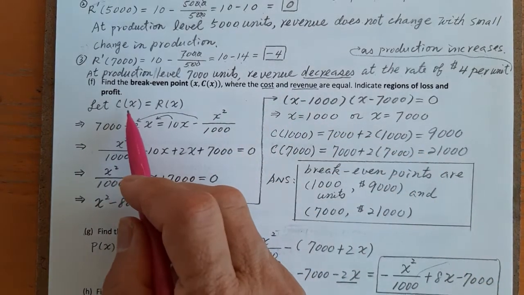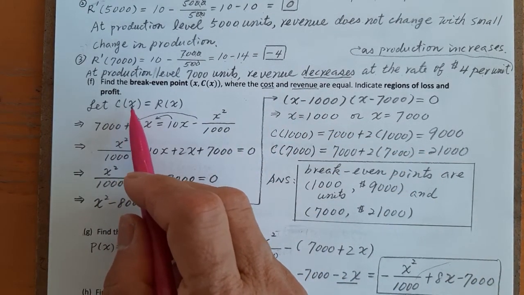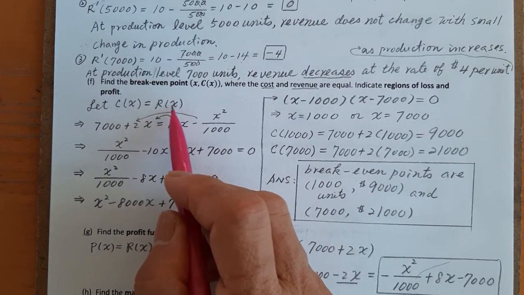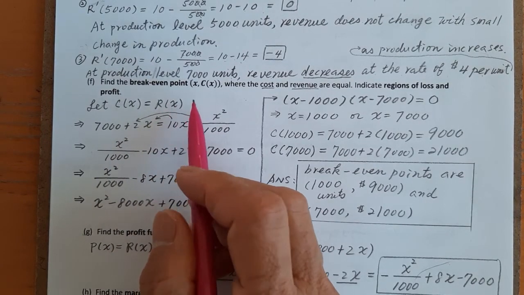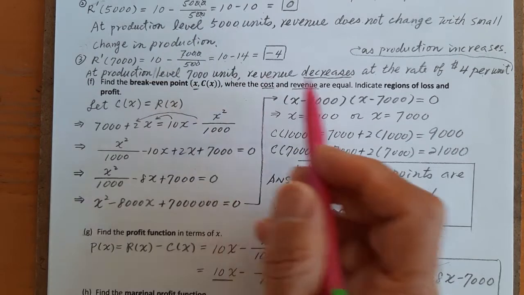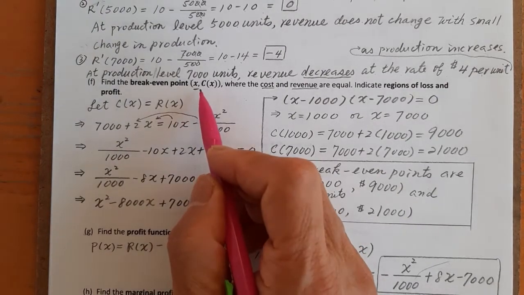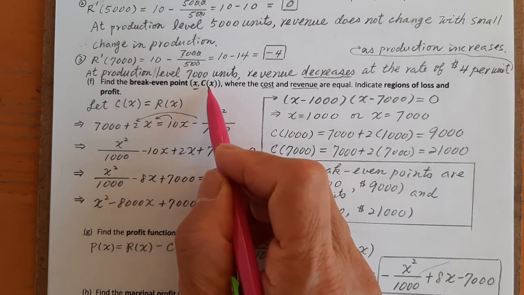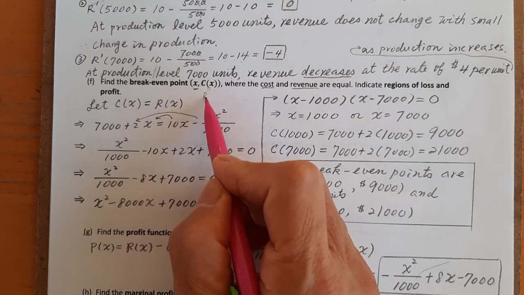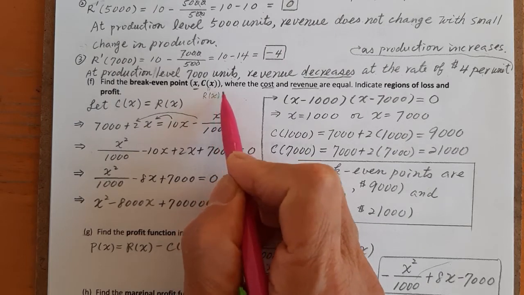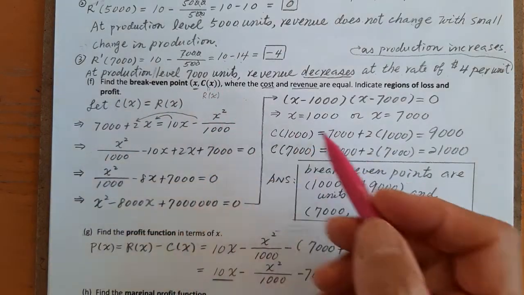So you let the cost function C of x equal R of x. And solve for the x. Get break-even point. X comma C of x. You can put C of x is equal R of x. So you can put R of x here or C of x.